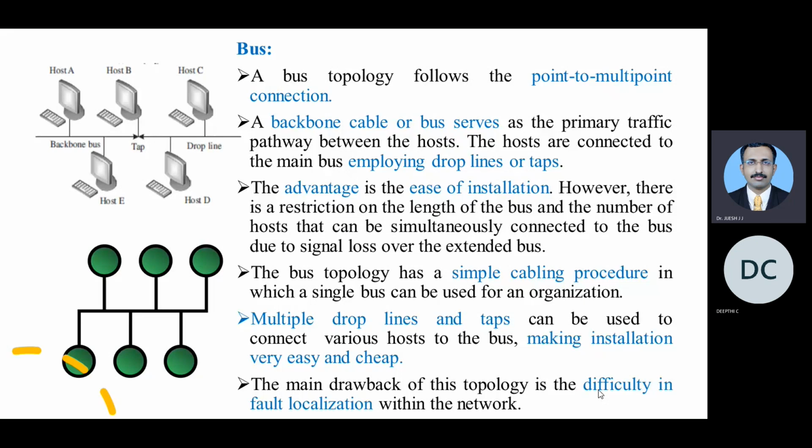So we have seen the three topologies as of now. What is the first one? Star topology, mesh topology, and bus topology. We will see another one as well: ring topology.